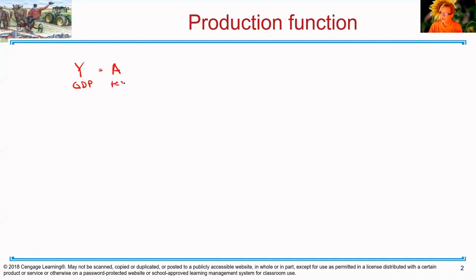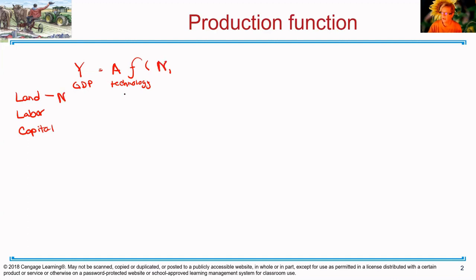So that's technology, is going to be a function of, and again, think back to your factors of production: land, labor, and capital. Land, we're going to call N for natural resources. So GDP is a function of natural resources.